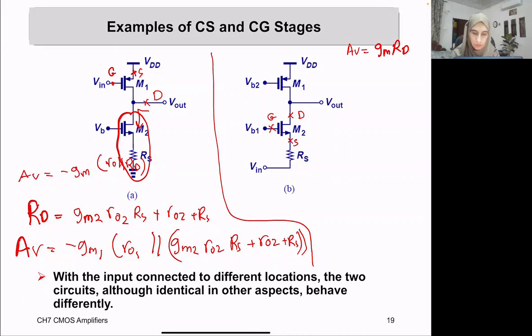So if we call this node X, and we have Vx here, then Vx is basically equal, I'll just remind you how we do it, to (1 over GM) over (RS plus 1 over GM) times Vn.